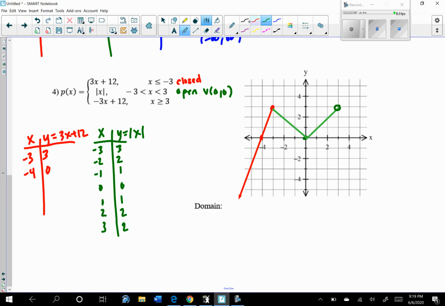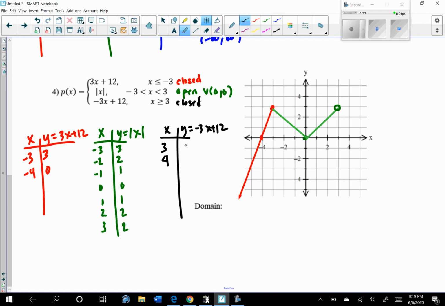So then we have our last graph, which is the bottom equation. So x and y equals negative 3x plus 12. So we want values that are greater than or equal to 3. So we're going to start with that on our table. This is closed for the circle because it's equal to. So I'm going to plug in 3 and 4 for x into my equation.